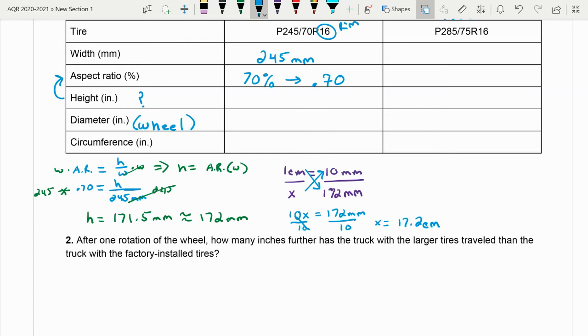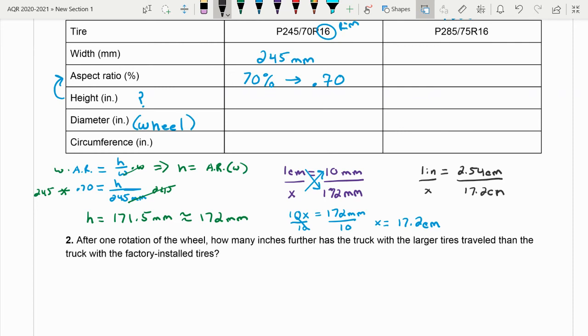But what I can now do is take my other conversion where I have 1 inch equals 2.54 centimeters. This is a common conversion, so if you can remember this, you'll use it a lot. So I have centimeters, I don't know the inches, so I have 17.2 centimeters.